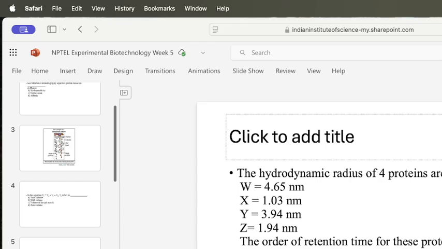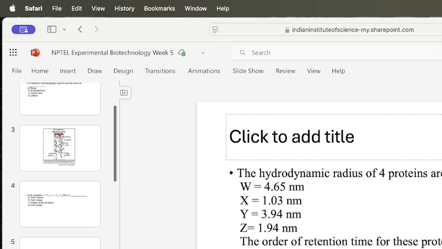So coming back to the question, they have given the hydrodynamic radius of four proteins. Now they're asking for the order of retention. What we can tell for sure is that if the hydrodynamic radius is large, the protein will be large.